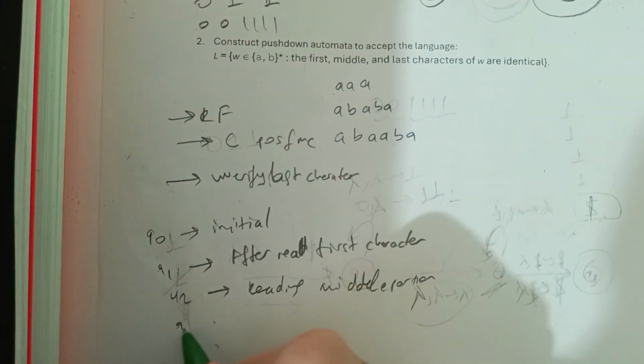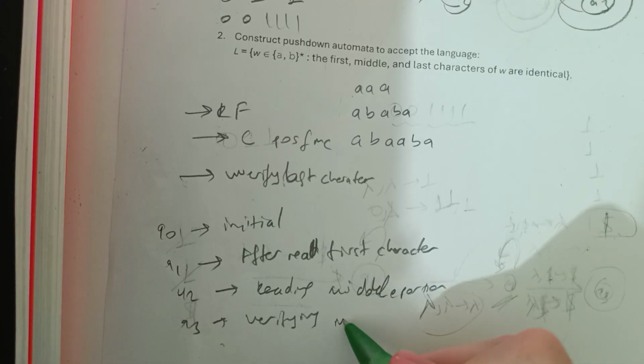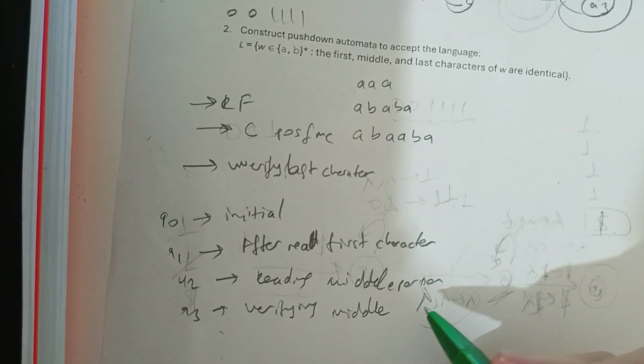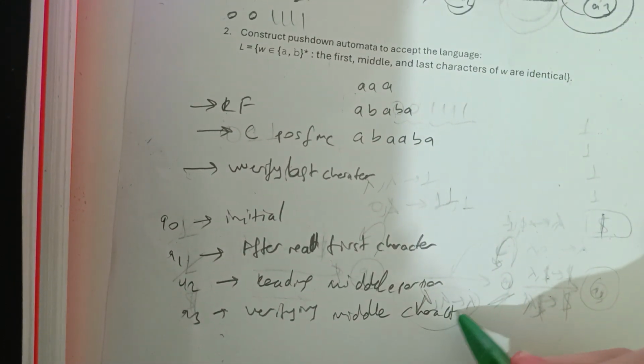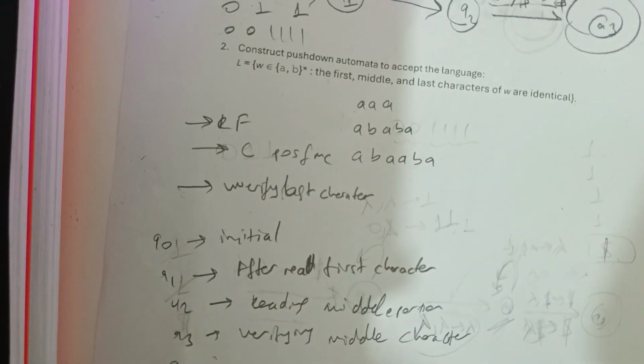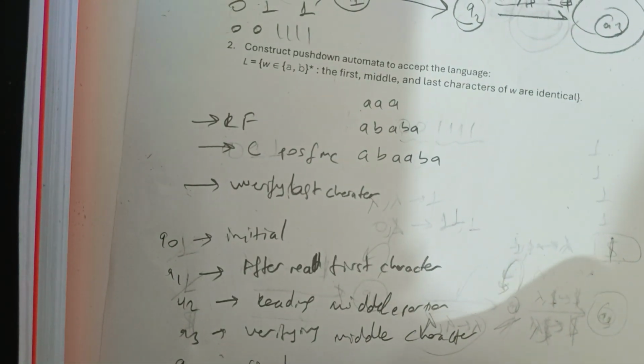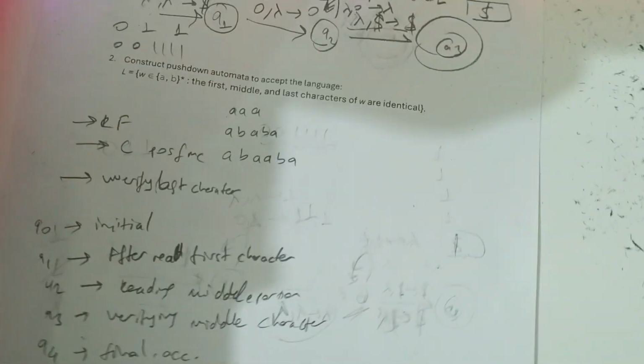Then after that, Q3 verifies the middle character, and Q4 reads the final, accepting state. Let's do our transitions.